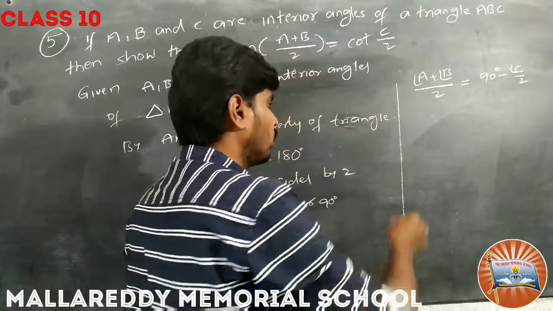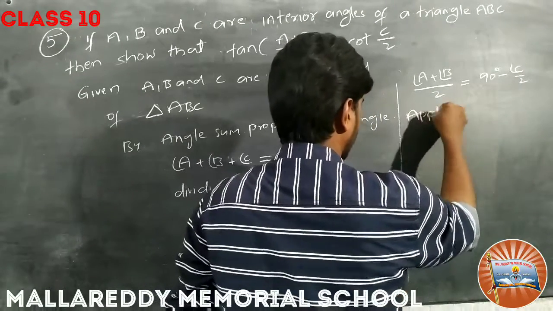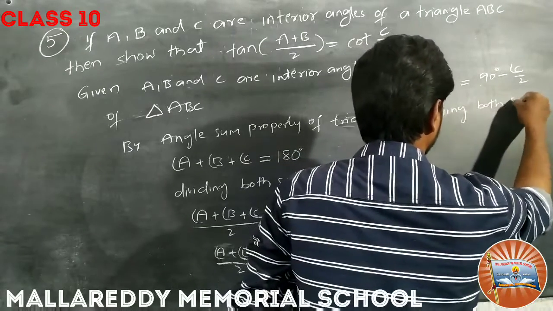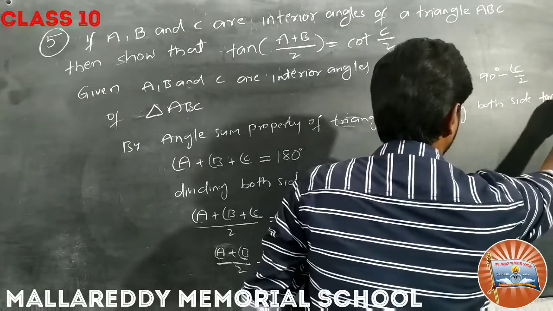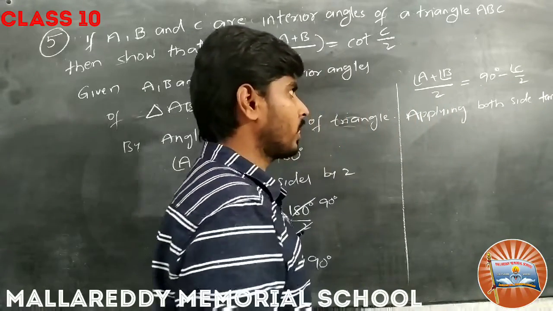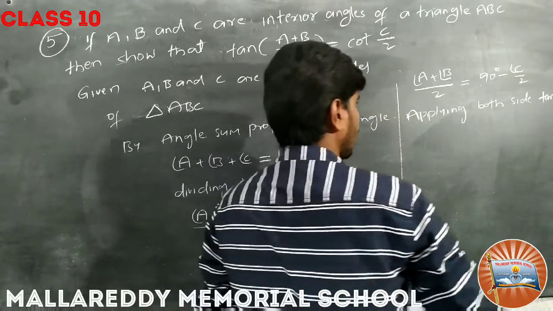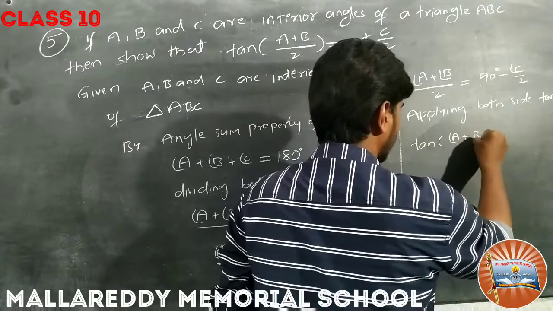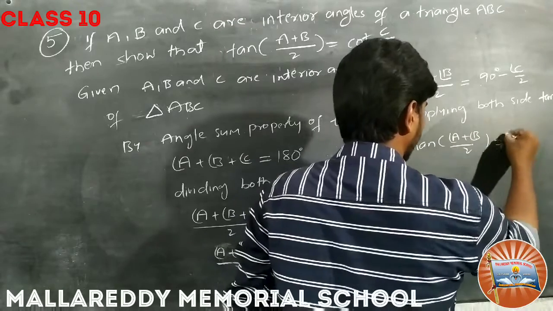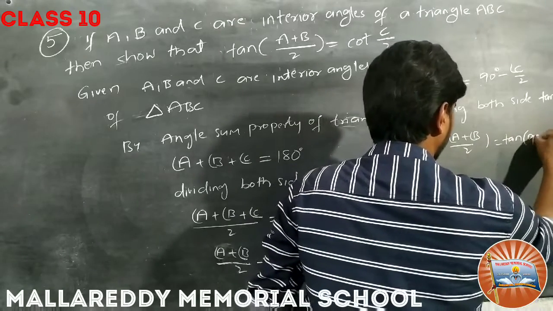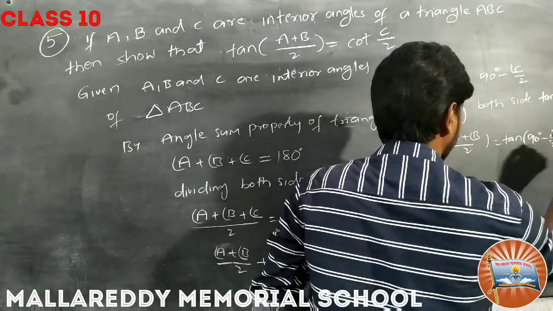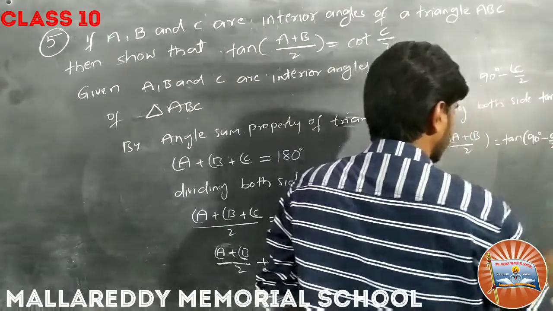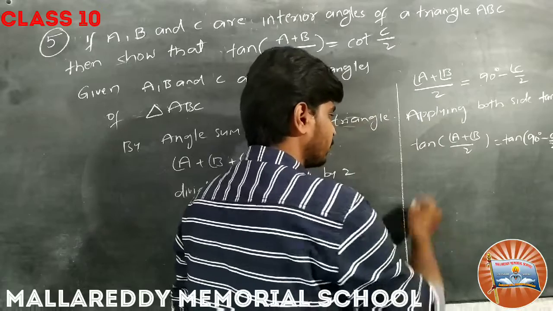Okay, now I am applying the tan ratio on both sides, ma. So what is the tan ratio? Tan of (angle A plus angle B) by 2 is equal to tan of (90 degrees minus C by 2). So what becomes, ma?